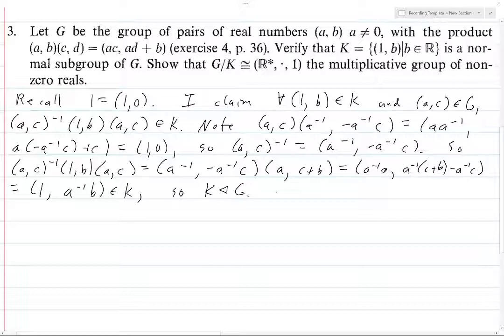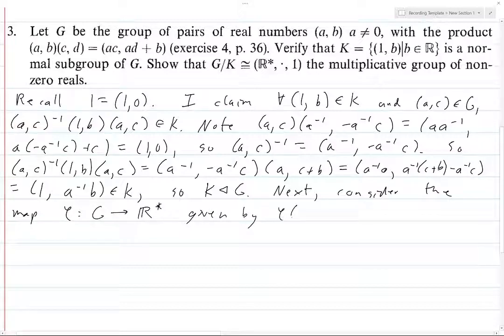So next, consider the map phi, which goes from the set G to the set R star, given by phi of (a, b) equals a. So what do we know?